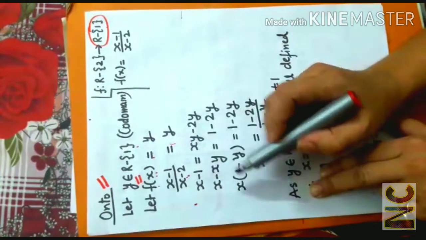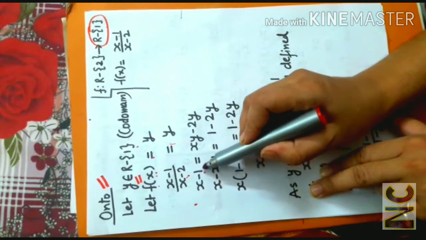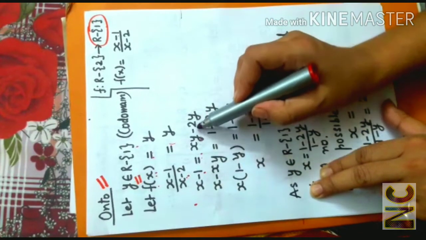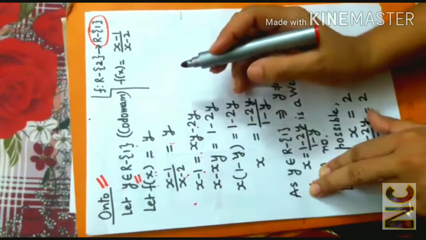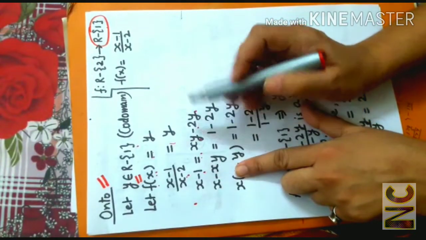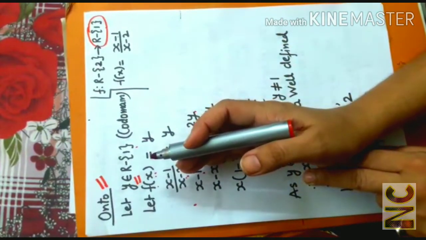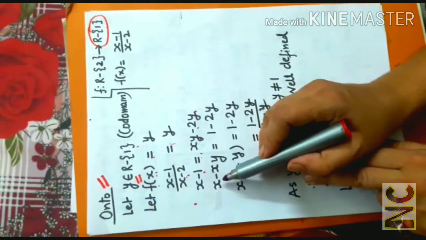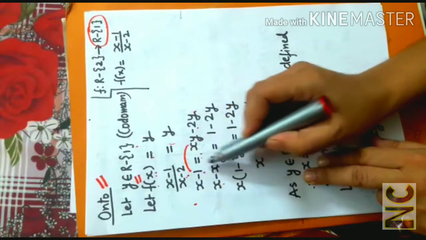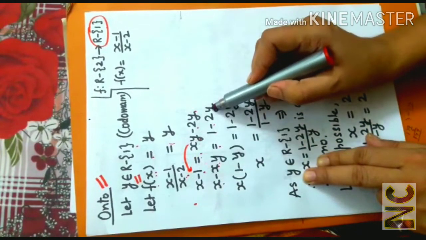So what I'll do, I'll cross multiply. So x minus 1 is equal to xy minus 2y. As I have to express x in terms of y, I will shift all the terms containing x to one side. So I'll be getting x minus xy equals 1 minus 2y.